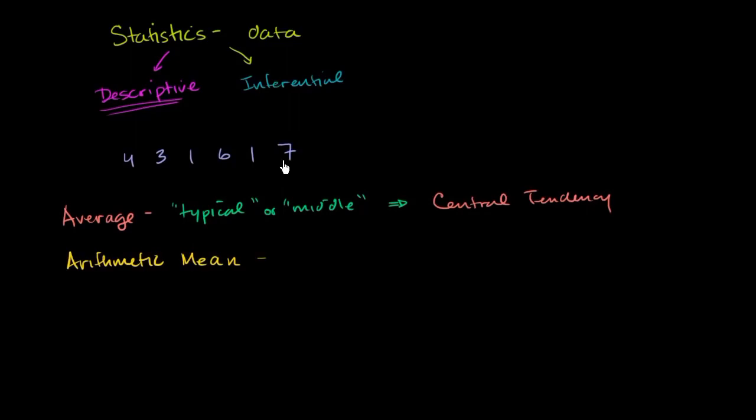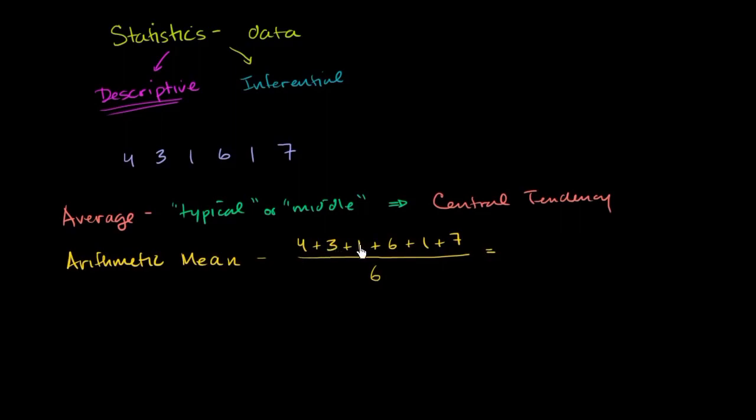Given that, what is the arithmetic mean of this data set? Well, let's just compute it. It's going to be 4 plus 3 plus 1 plus 6 plus 1 plus 7 over the number of data points we have. We have 6 data points, so we divide by 6.